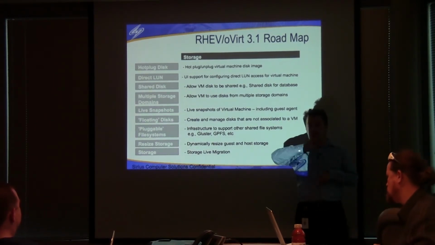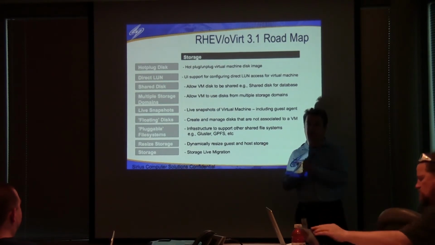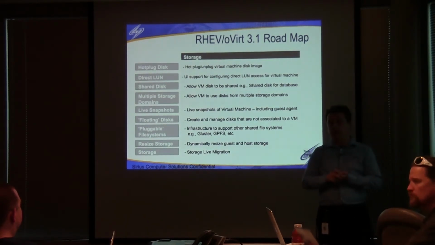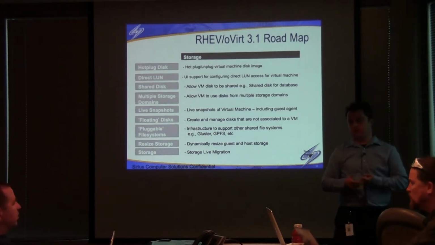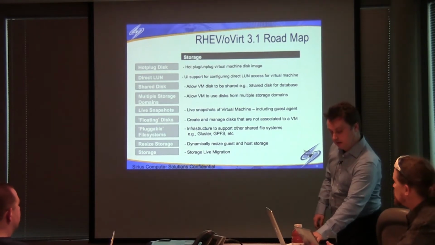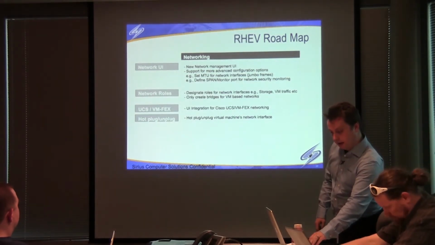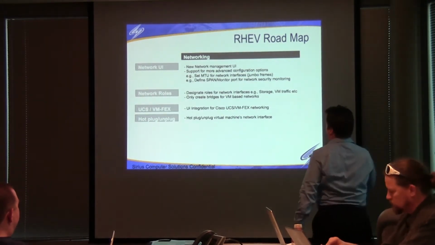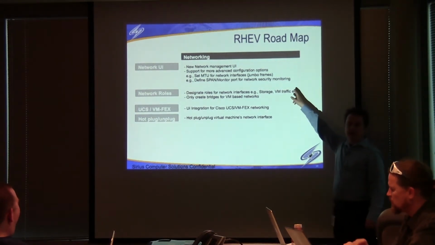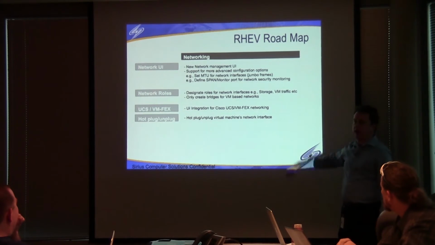So it takes a snapshot, moves that over, and then it moves over the remaining blocks. That's the storage vMotion. Basically storage vMotion. One thing you'll see, the network UI in 3.0 is a mess, but 3.1 is a lot better.